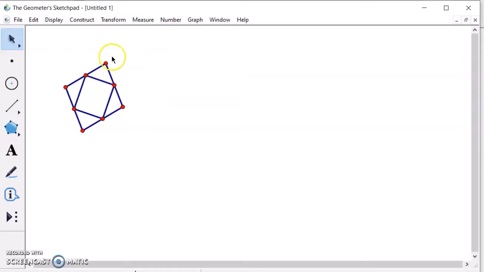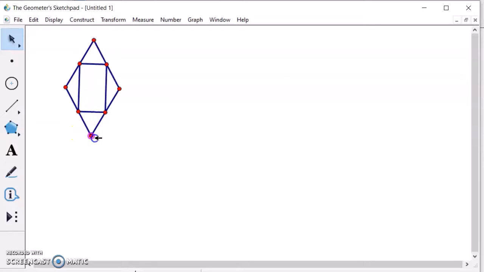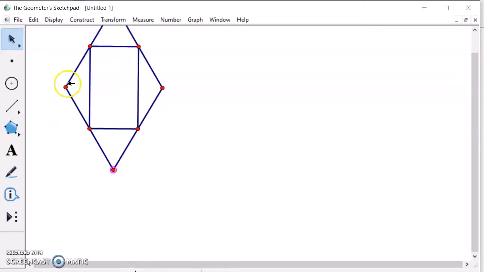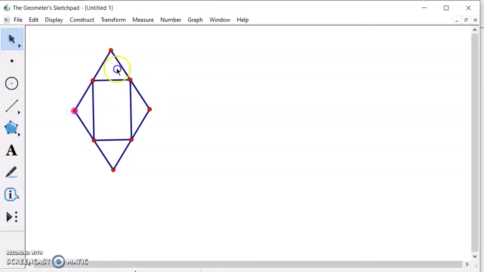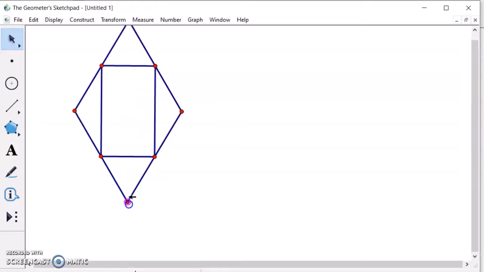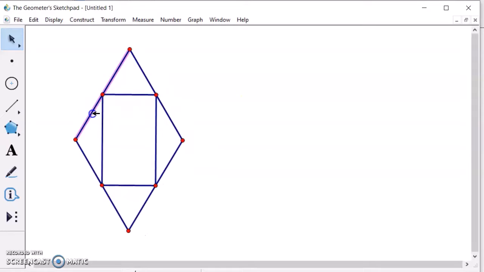So now this central figure is the one that I'm most interested in. And the nice thing about the dynamic geometry software is that no matter where I drag any of the points, if I've actually constructed it, the quadrilateral will retain its shape.